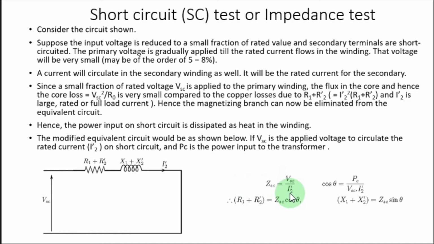Then cos theta is PC over V short circuit times I2 dash. Therefore, you can find cos theta. And as you know V short circuit and I2 dash, you can find ZSC as well. Then from these two, you get R1 plus R2 dash, which is equal to Z short circuit cos theta, and X1 plus X2 dash, which is equal to Z short circuit sin theta.